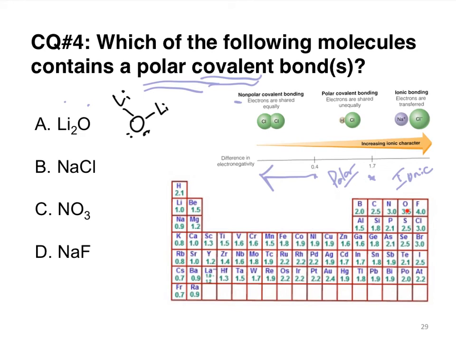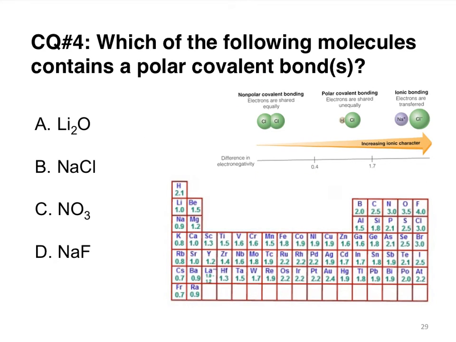Oxygen's 3.5, lithium's 1. What's the difference? 3.5 minus 1 is, I hope you say 2.5. What's 2.5? It's ionic.